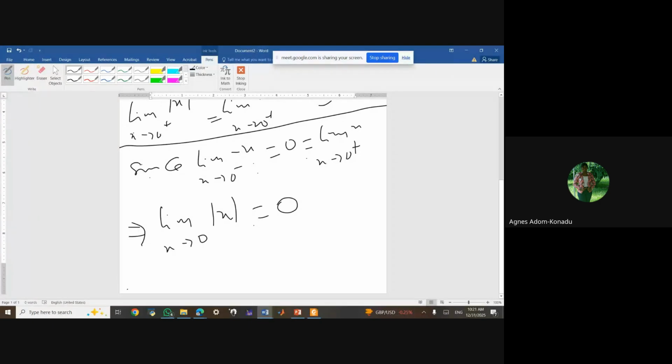So if the left hand side gives me the same value as the right hand side, then I can conclude that the limit for the function is the value that I got.